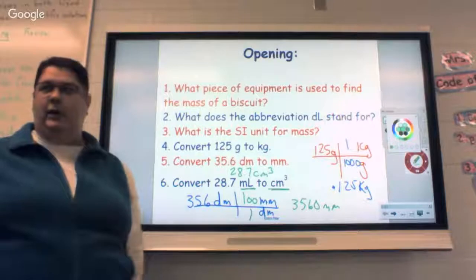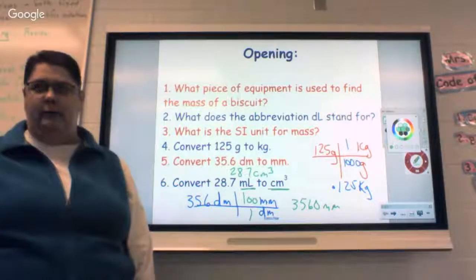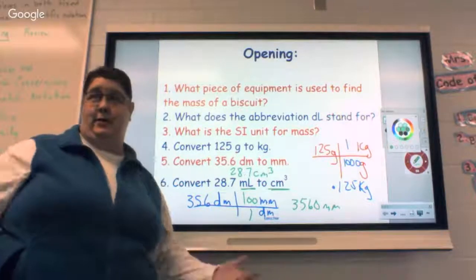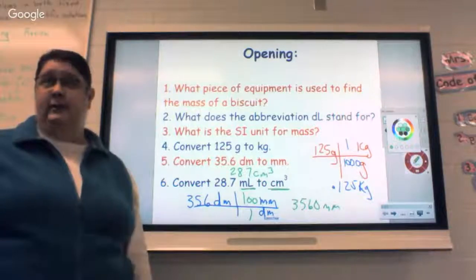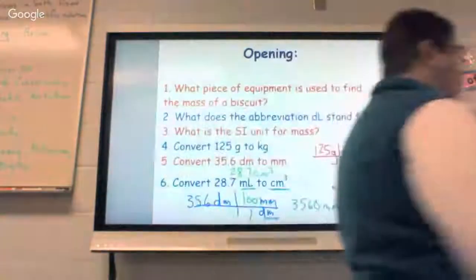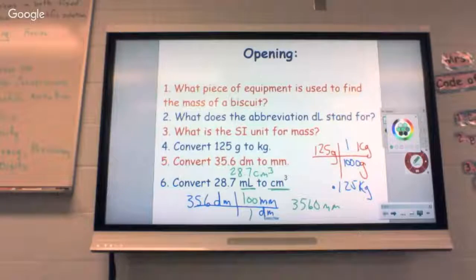So every time we collect these, you should get what kind of grade? 100. Now, if you're absent, you have to do this. So back in the room by the door, in the notebook, there's opening. If you come back the next day, the opening is in the notebook.